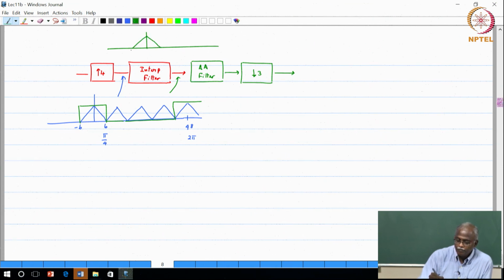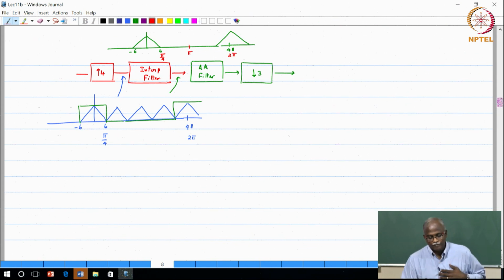It is minus 6 to 6 with a sampling rate of 48 kilohertz, or you can write it in discrete time. So, this corresponds to 2 pi, this corresponds to pi by 4, and pi is somewhere in the middle. Okay, it is not strictly to scale.